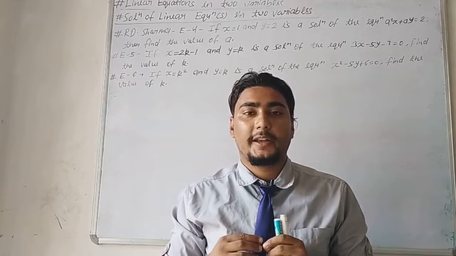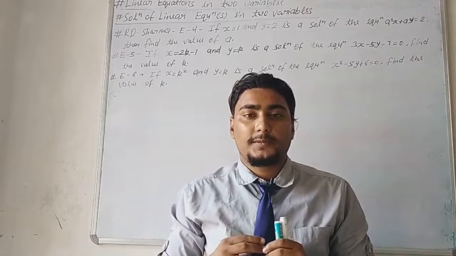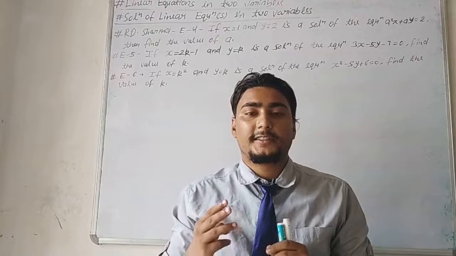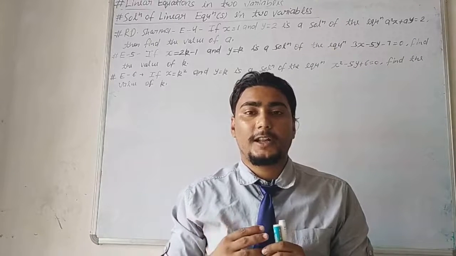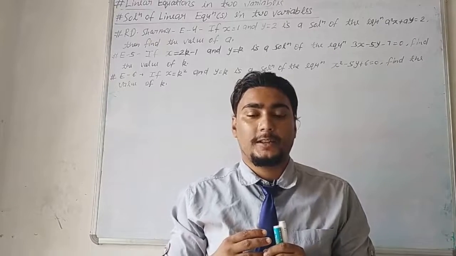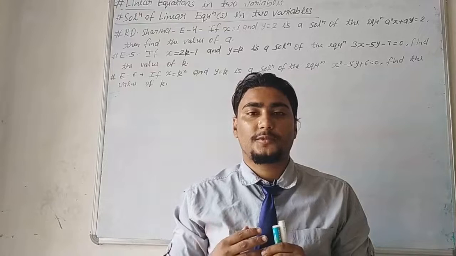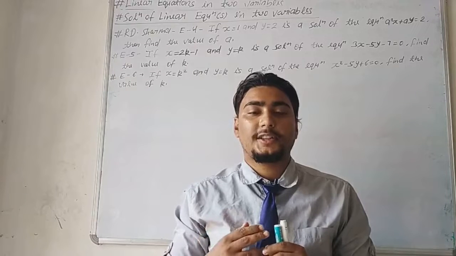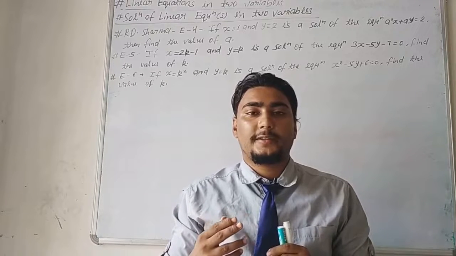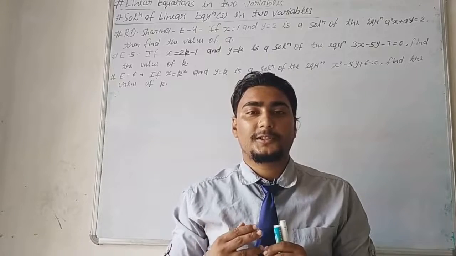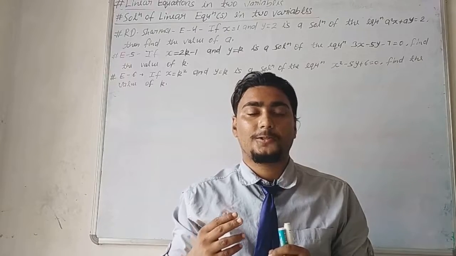Now I have taken some examples from the RD Sharma book and written three examples on the whiteboard, and now I am going to solve these. After this I will see some questions from the NCERT exercise. If I find some difficult questions, I will do those also.